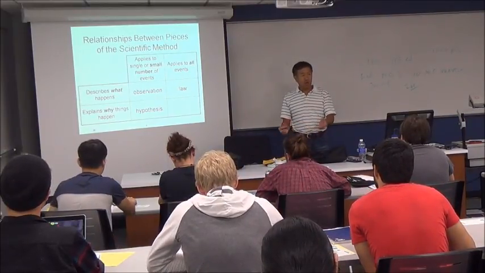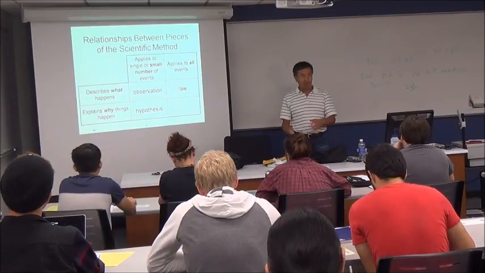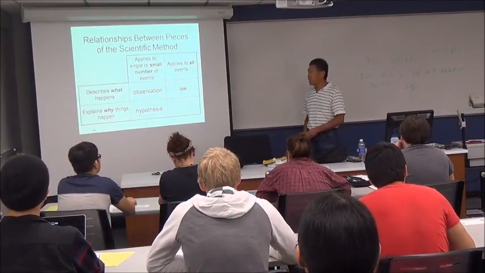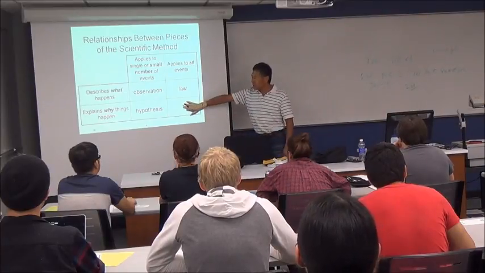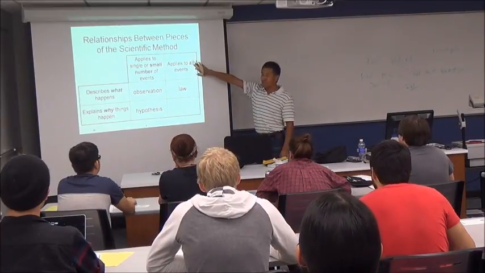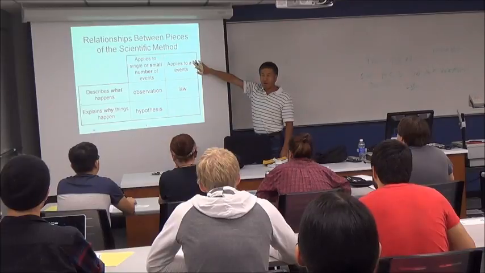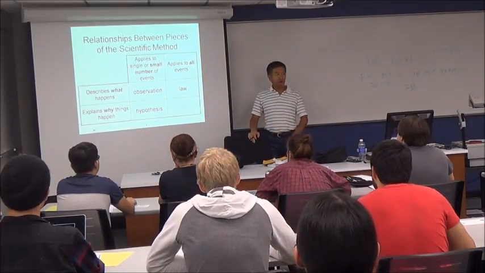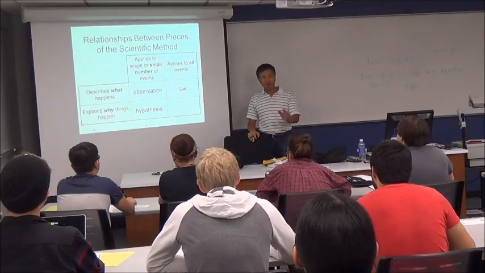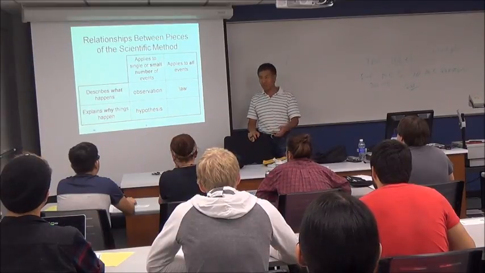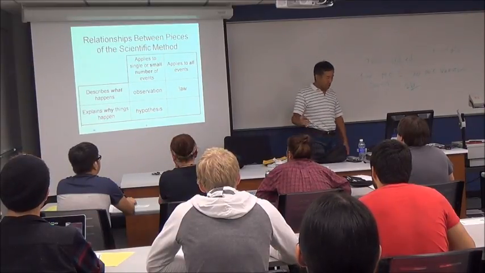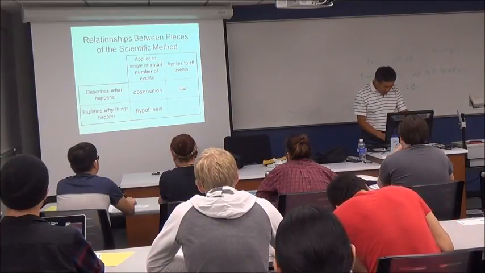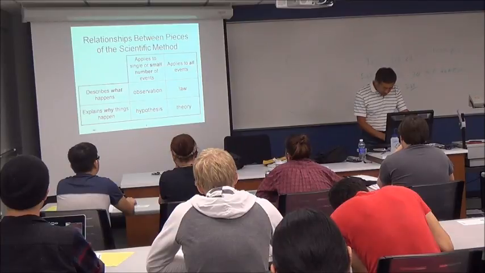Explanation means why something happens, or maybe how something happens. Right. Then this space is similar, but it applies to all the events, trying to explain why all the events happen. And what do we call that? Theory.